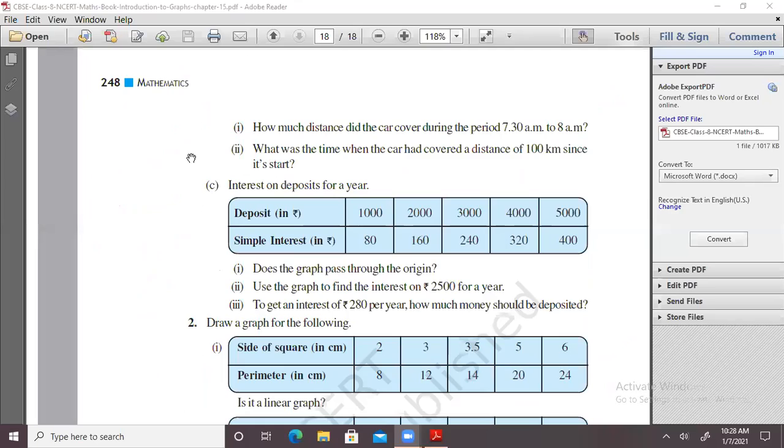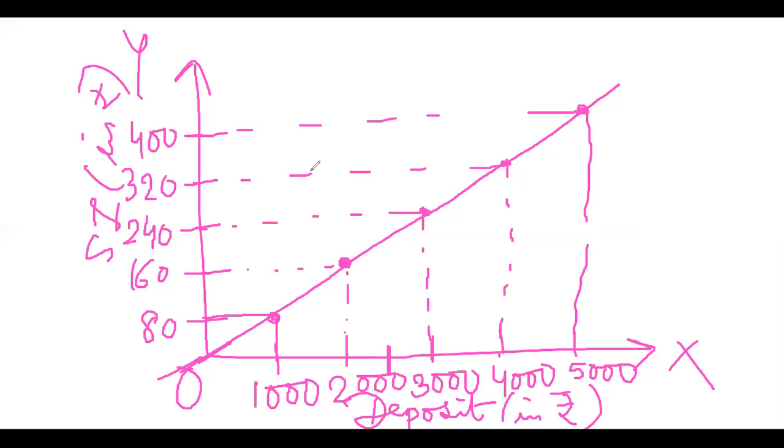You use the graph to find the interest on rupees 2500 for a year. आपको बताना है कि अगर 2500 रुपीज डिपॉजिट हो तो उसके ऊपर इंटरेस्ट क्या होगा. सो यूज द ग्राफ फॉर दिस. अगर आप 2500 मतलब 2000 3000 के बीच में जाएंगे और वहां से y की वैल्यू, y पे है इंटरेस्ट, y की वैल्यू फाइंड आउट करेंगे. ठीक है. सो 2500 अगर आप लेते हैं तो ये 160 और 240 के बीच में आएगा, राइट. 160 और 240 के बीच में आपके पास आएगा 200.